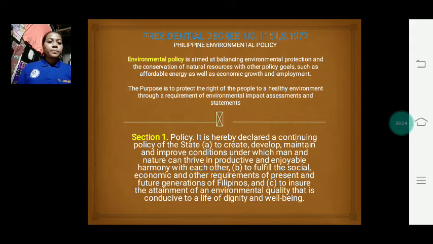So Section 1 in this PD 1151 policy, it is hereby declared a continuing policy of the state, A, to create, develop, maintain, and improve conditions under which man and nature can thrive in productive and enjoyable harmony with each other.